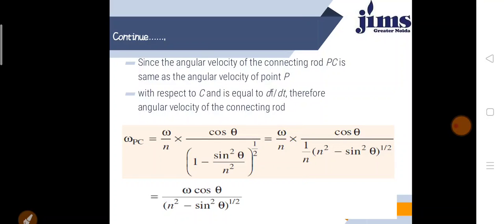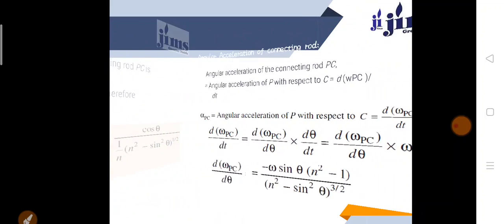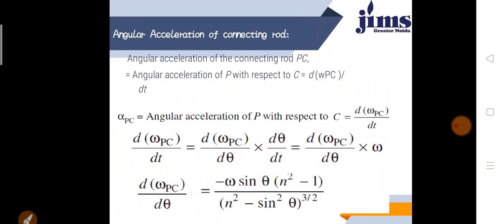The value of alpha PC equals the differentiation of omega PC with respect to time, where omega PC is the angular velocity of the connecting rod. Alpha PC is the angular acceleration of P with respect to C. Then how can we differentiate and calculate the value of this?